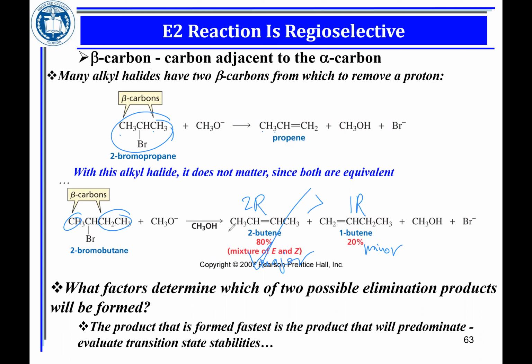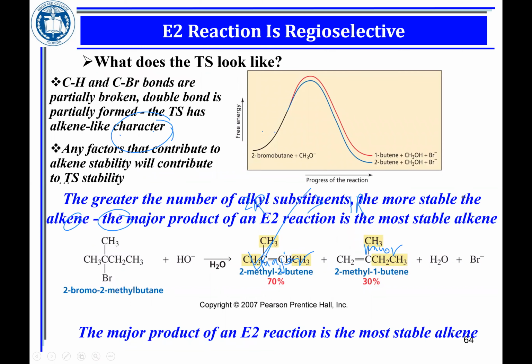This product has a name and it's known as the Saytzeff product. And let me see, it's called a Saytzeff. And I was looking for the spelling. So if you haven't seen it before.